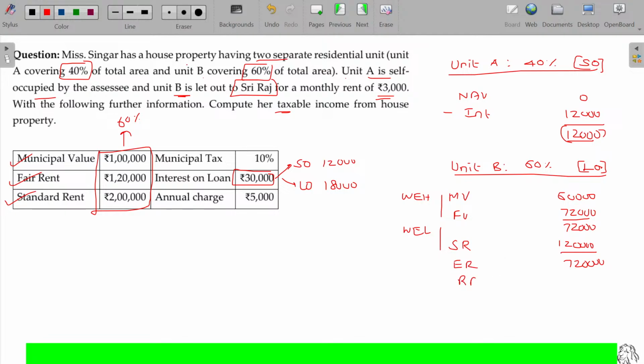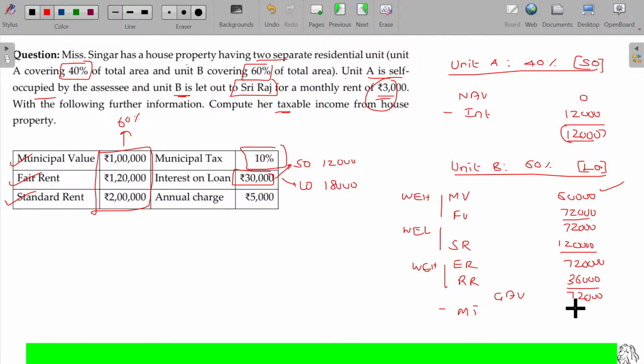And rent received, 3,000 per month for 12 months, 36,000. Between these two, whichever is higher will be taken. 72 will be gross annual value minus municipal tax. Municipal tax being 10% on the let out portion.